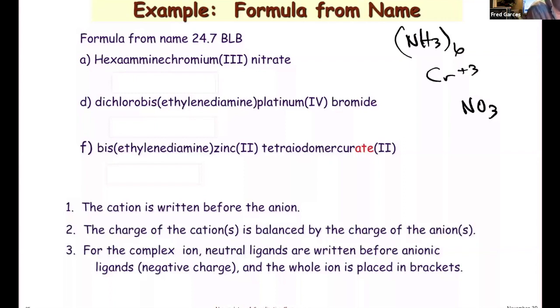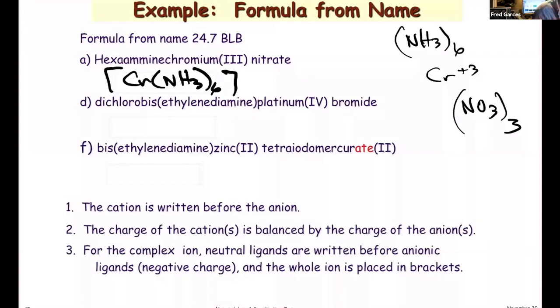Ammonia is neutral, chromium is +3, so there have to be 3 nitrates to balance the +3. So this formula would be [Cr(NH3)6](NO3)3. That would be the formula.